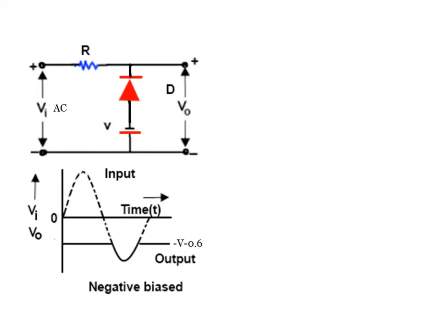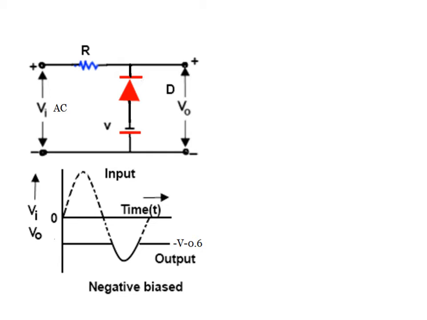Now that also gives you an idea about how to construct the negative biased clipper in order to clip a waveform at a desired value of negative voltage. All that you have to do is connect another extra battery in series with the diode, assuming that the diode, when forward biased, will be replaced by a battery whose polarity matches the way in which the P region and N region appear in the circuit.